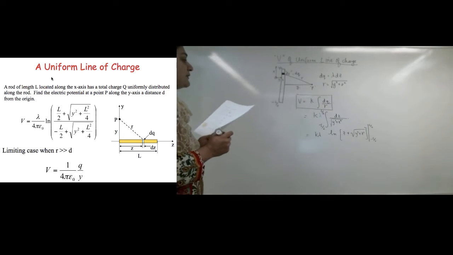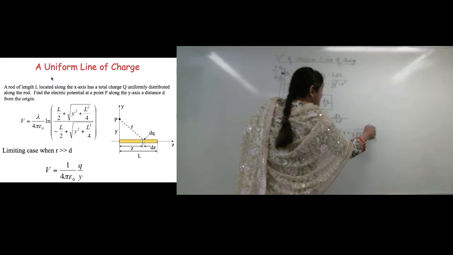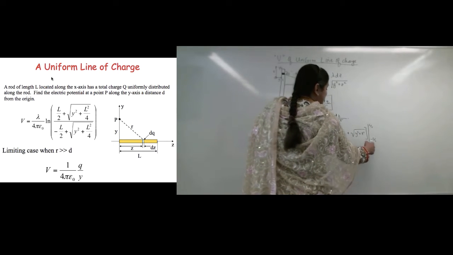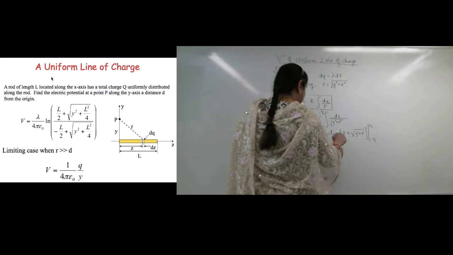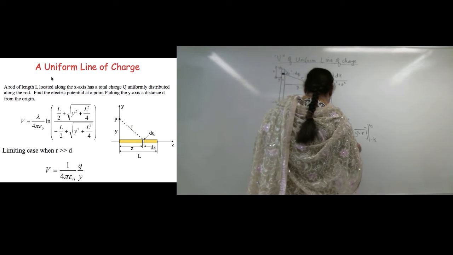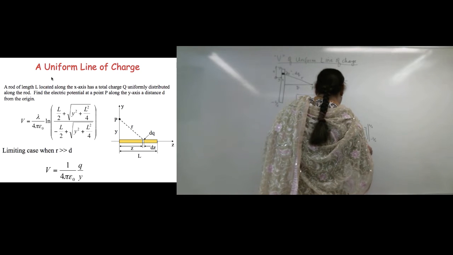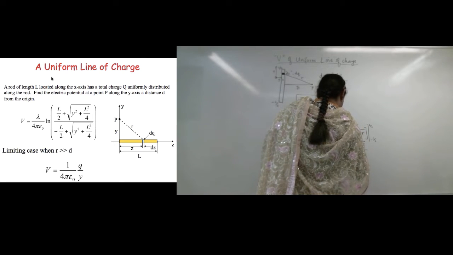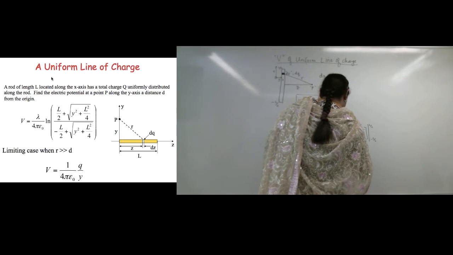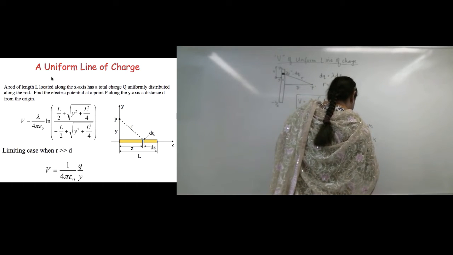Once I have that done, all I have to do is plug the values of L by 2 and minus L by 2 into the places where z is, and I get log of (L by 2 plus the square root of y squared plus L by 2 squared) divided by (minus L by 2 plus the square root of y squared plus L by 2 squared).